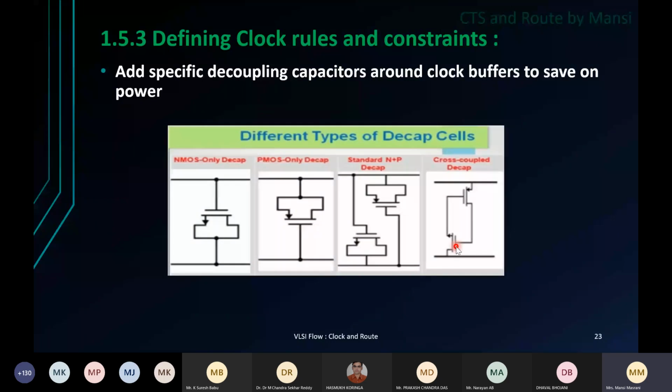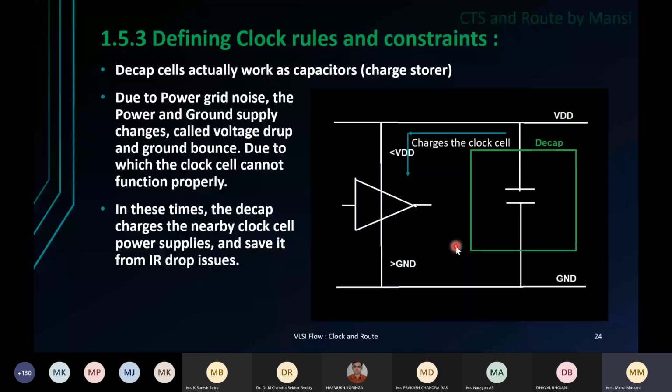It works as a decoupling capacitor. In a normal scenario, this capacitor stays fully charged because its power and ground are connected to VDD and ground. So this one is definitely fully charged.